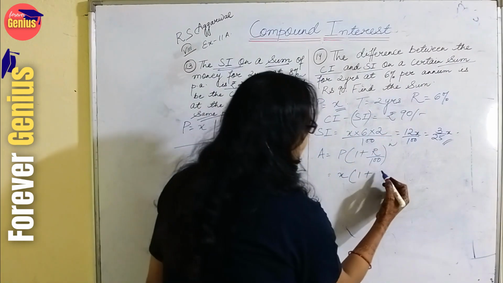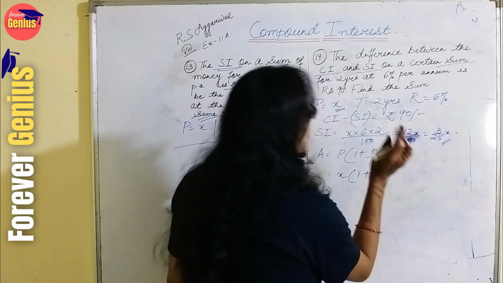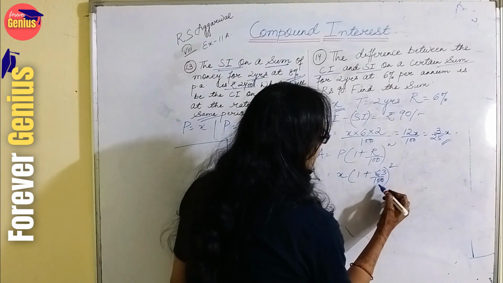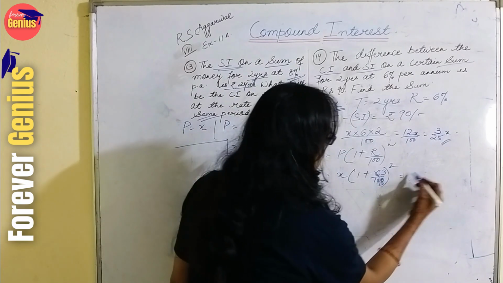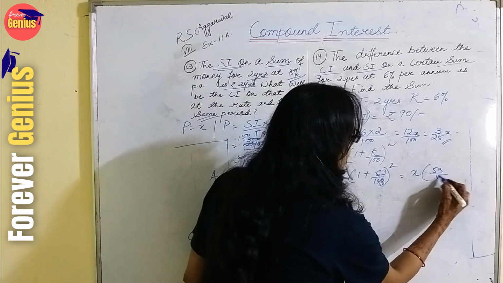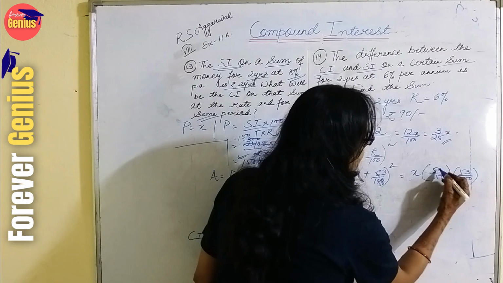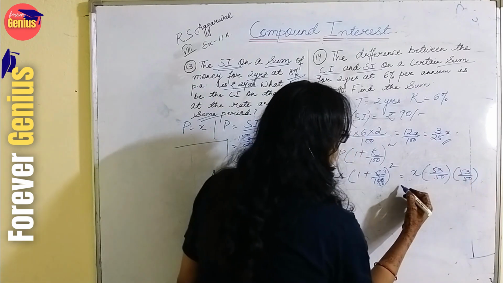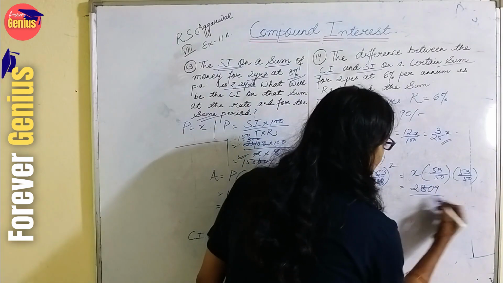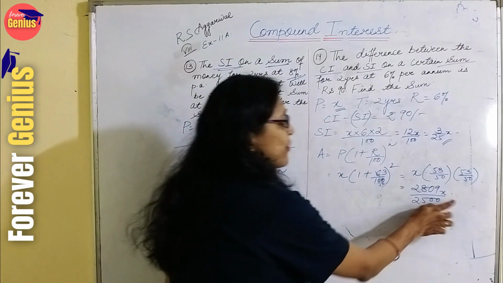R being 6%, 6 by 100 to the power 2, because time is 2 years. So this is 3 and this is 50. This is equals to x into 53 by 50 into 53 by 50, 2 times it is. So that comes to the figure 2809 by 2500x.